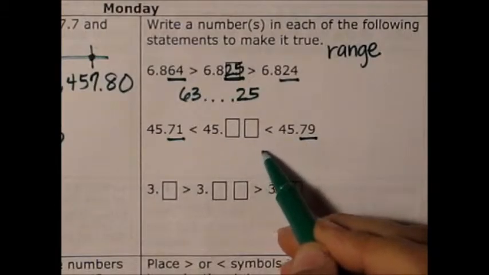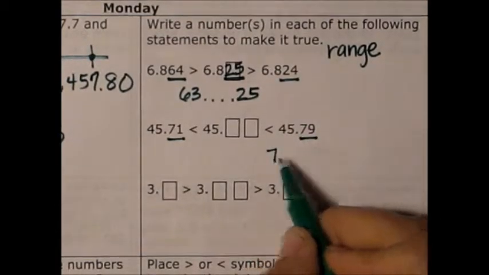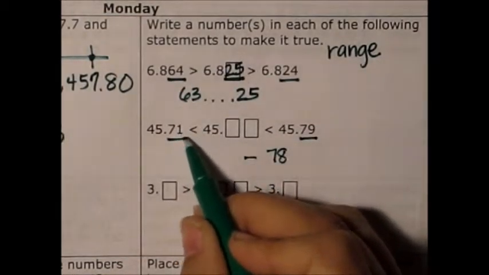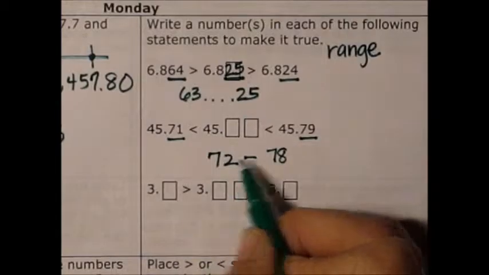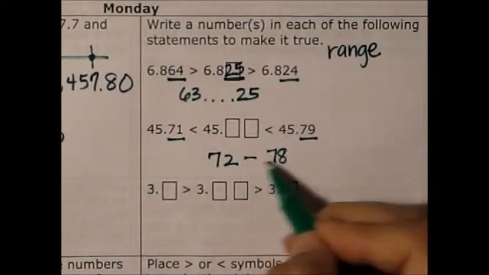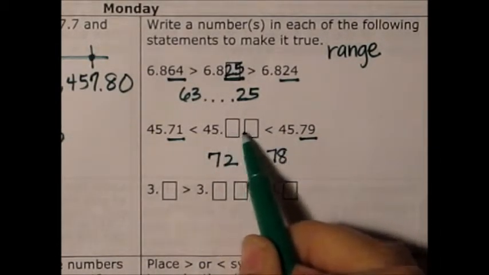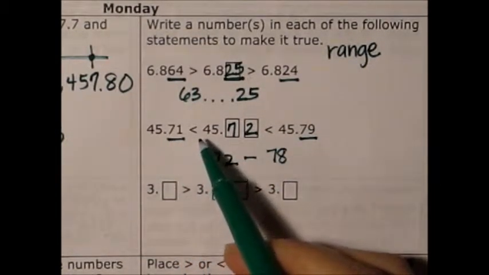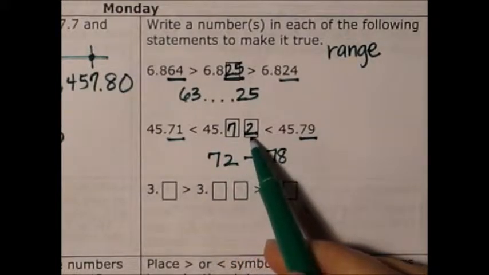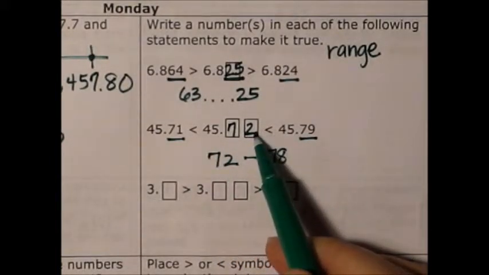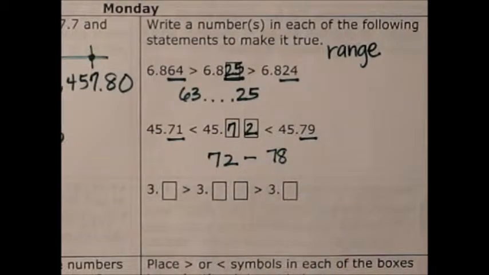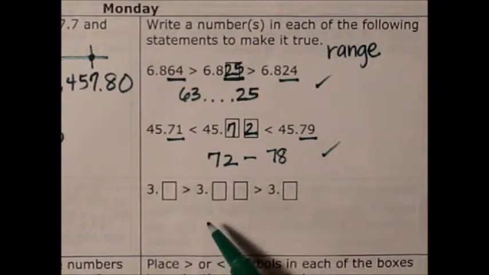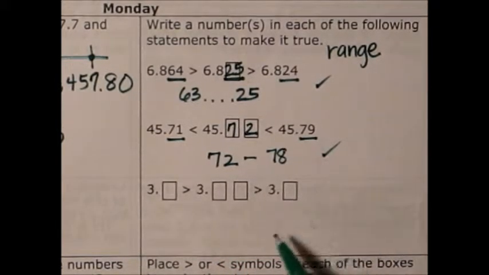So our range needs to be any number from 72 to 78. Any number between 72 and 78 would fit here. So let's test that theory. 45 and 71 hundredths is less than 45 and 72 hundredths, correct? Which is less than 45 and 79 hundredths. So this is a true statement.